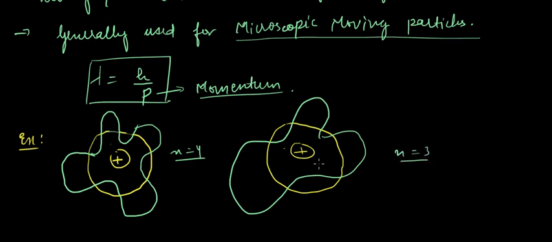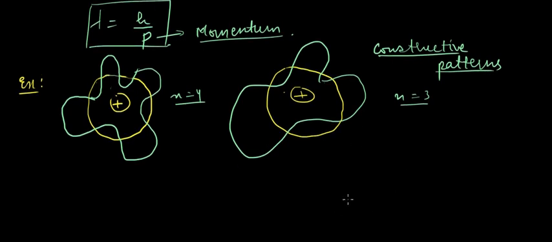Okay, so these are constructive patterns. So this is the path or the trajectory of the moving electron. I have drawn this too vaguely, but you can draw it something like this also.